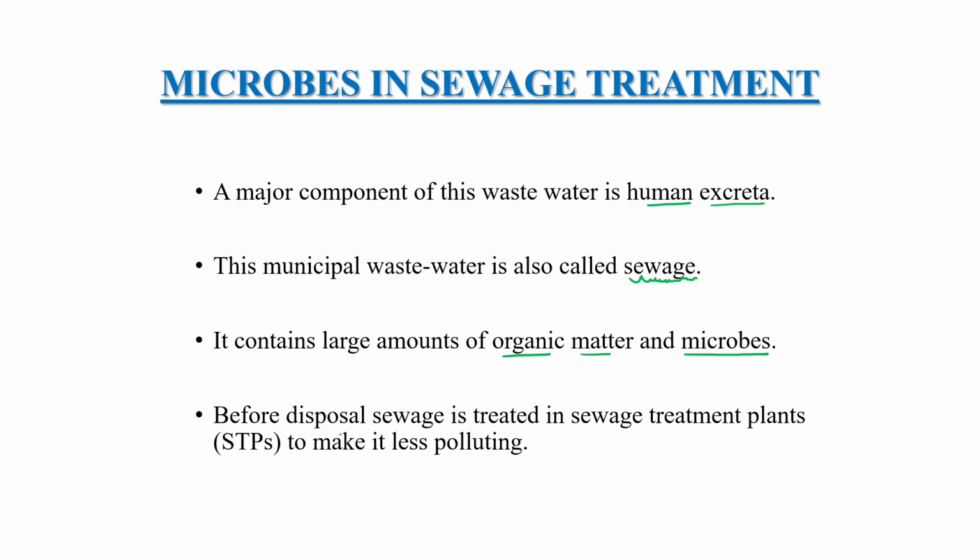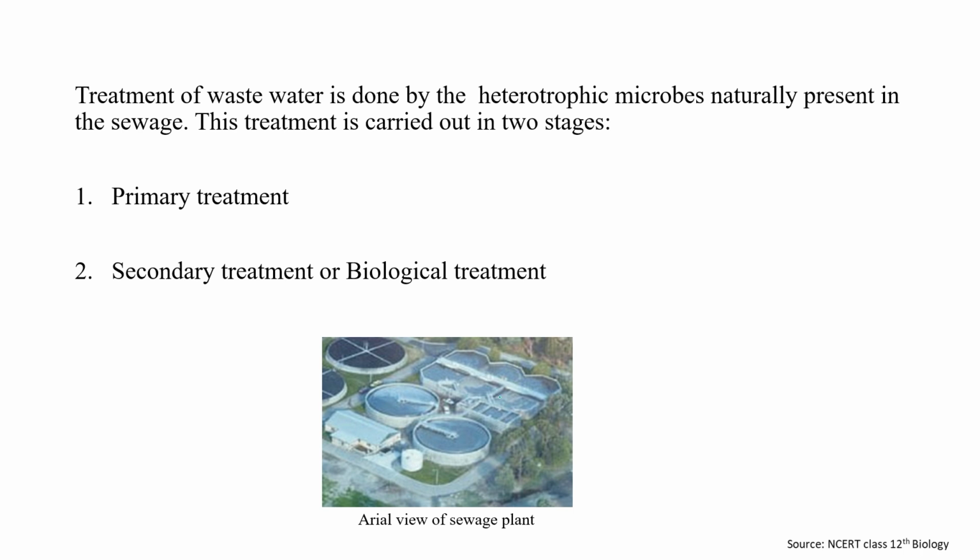So before disposal, we have to treat this sewage in an STP or sewage treatment plant. Why? To make it less polluting. As you can see, this is an aerial view of a sewage treatment plant.